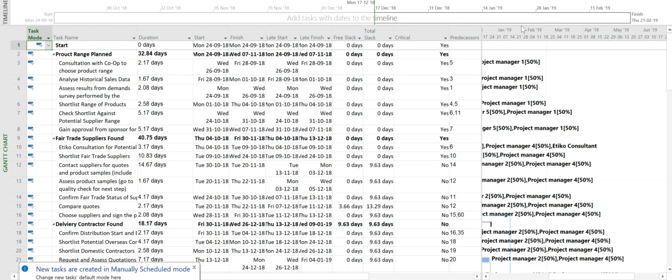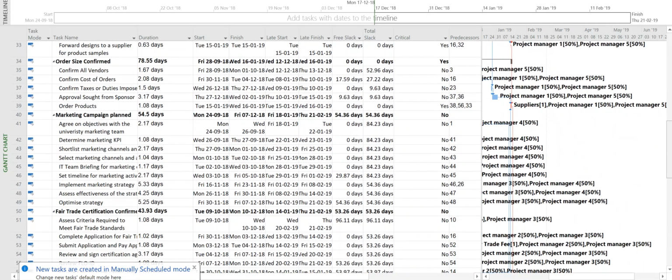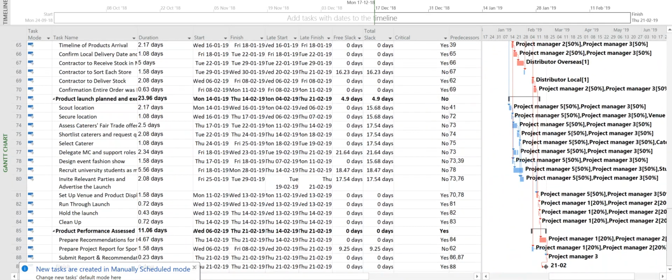So we go back and to the endpoint. And we see that that is that 7 days.